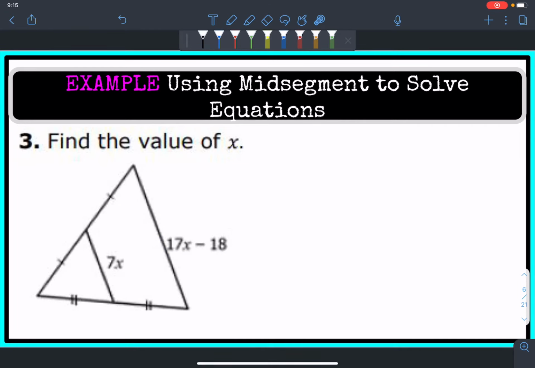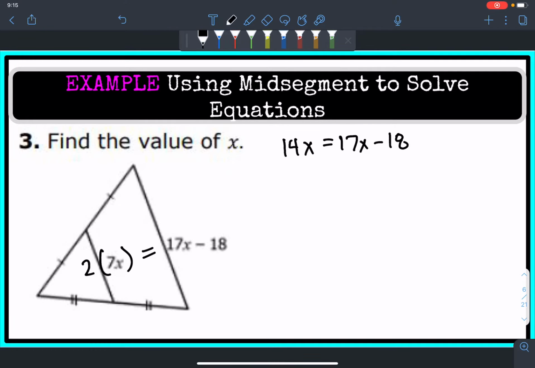When it comes to solving equations, it's easier to simply multiply something by 2. So that's exactly what I'm going to do. I'm going to multiply this by 2, and as a result, it's going to equal its parallel side of 17x minus 18. So we have 14x is equal to 17x minus 18.